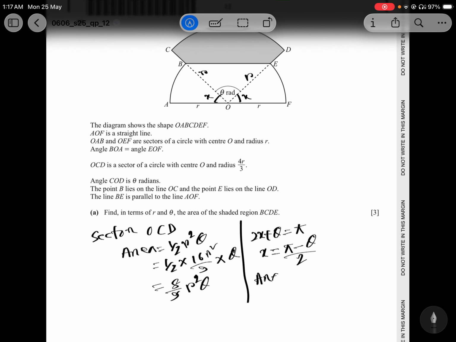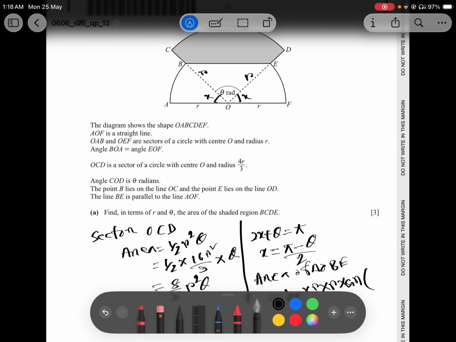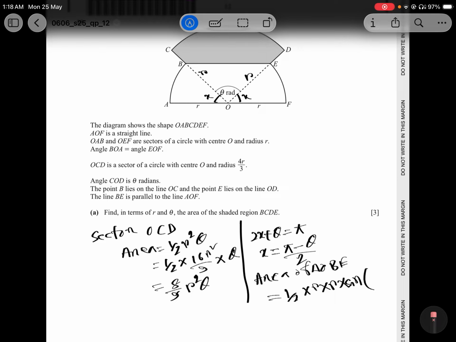Area of triangle OBE is half of r into r into sine theta, where theta is given in radians.